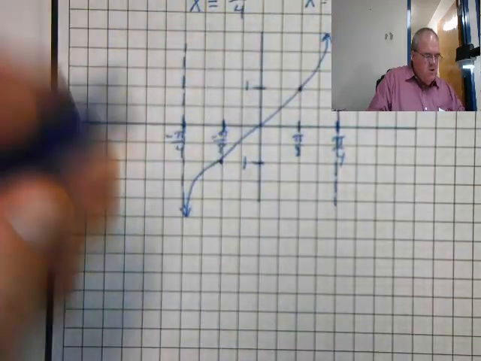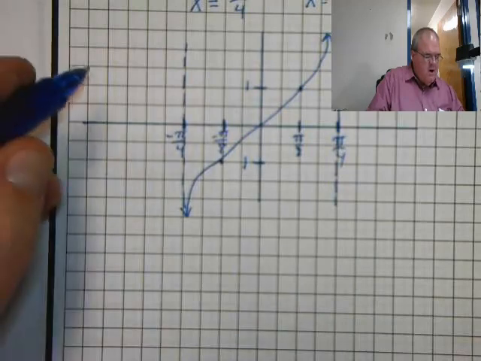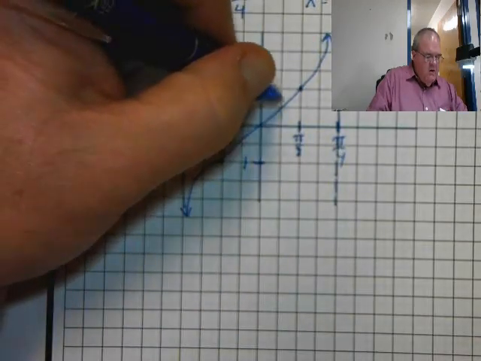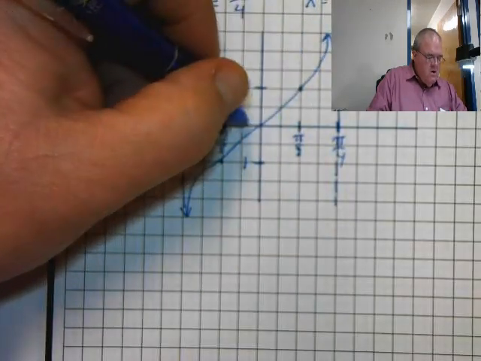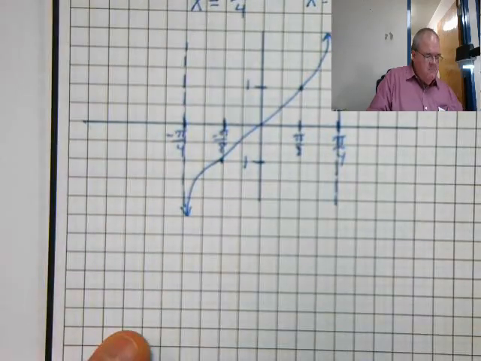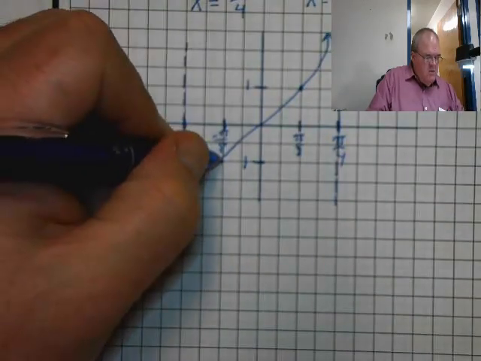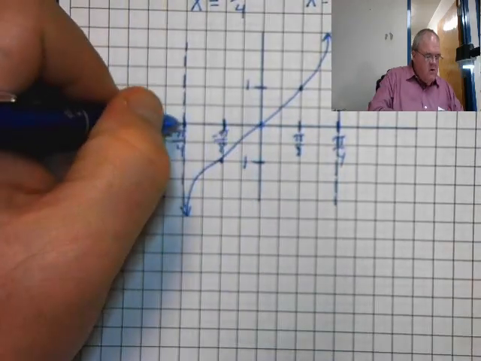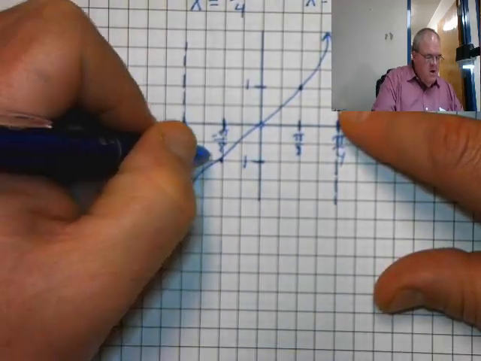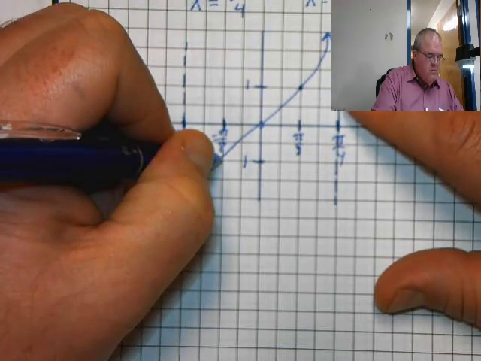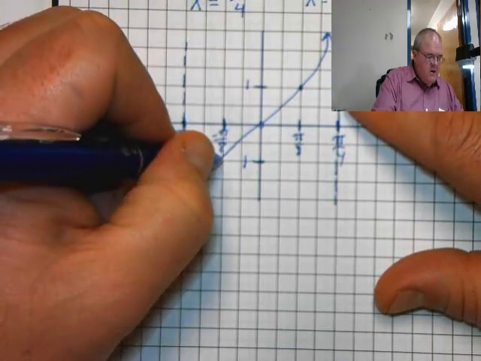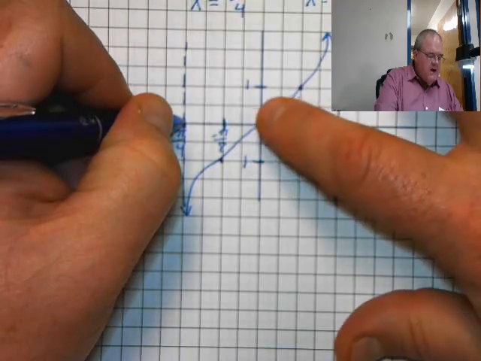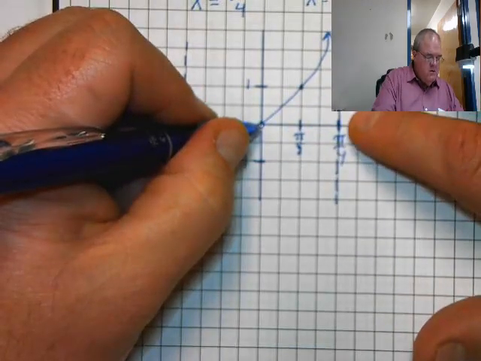So we drew our asymptotes at negative pi over 4 and pi over 4. And then we drew our curves. And remember that our 0 point is going to be halfway between our asymptotes, and we have to hit our amplitude point, and we have to mark that halfway between our asymptotes and the zeros.